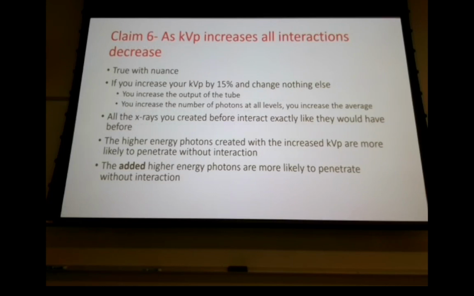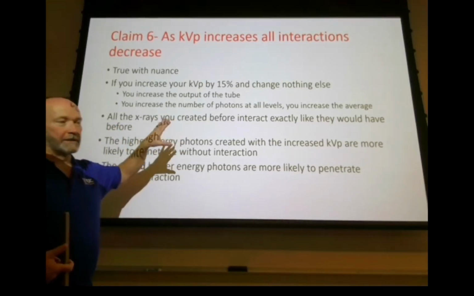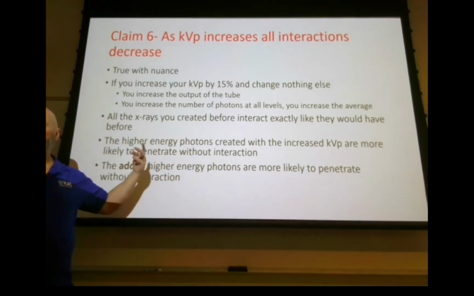So claim 6. As kVp increases, all interactions decrease. I think we've done that to death. Do we need to walk through that slide? That's true, if it's only kVp increases. Exactly, yeah. So as kVp increases, what we really get inside of the patient, if the only thing we change is our kVp, then the patient dose is going to go up.